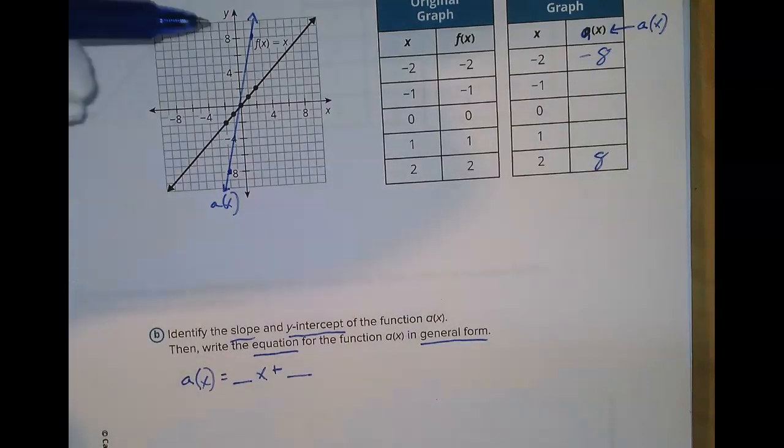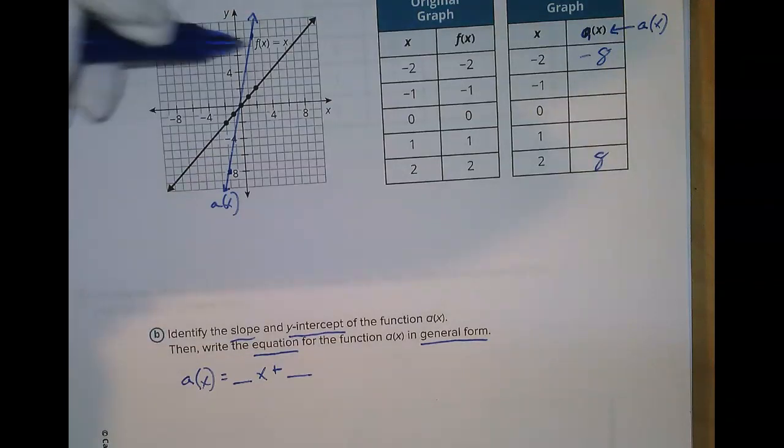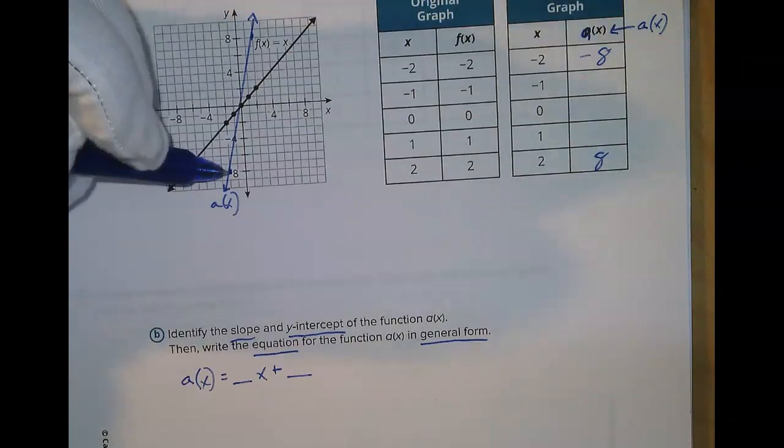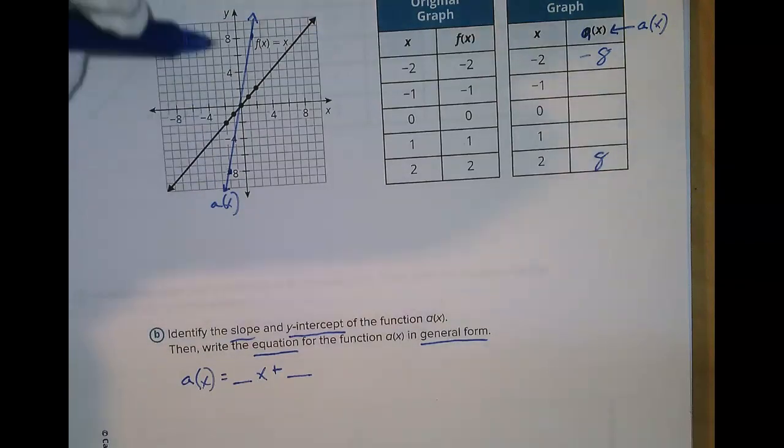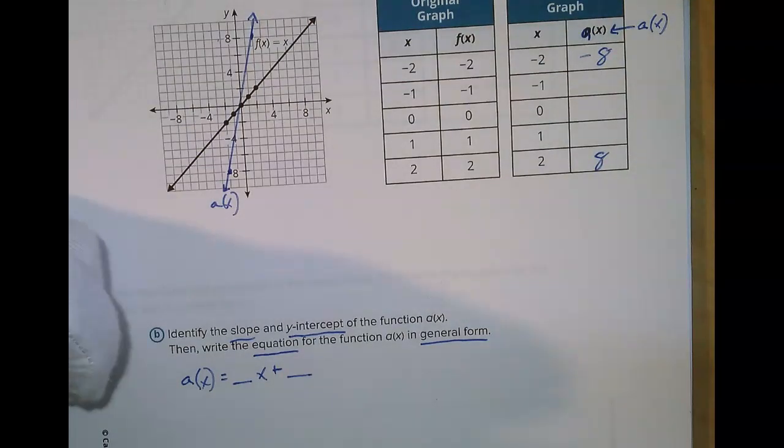So if I look up here, I'm going to use these 2 points that I just graphed. My rise between these 2 points is 16 because I'm going from -8 up to +8. So my rise is 16.